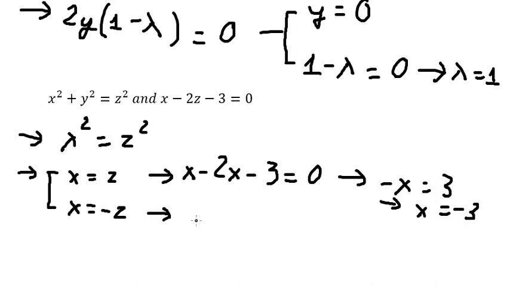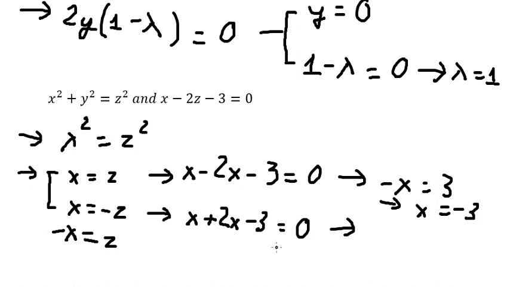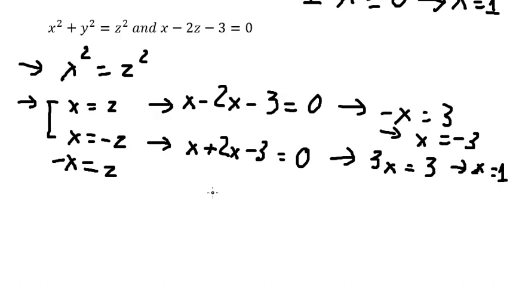Now let's go to this one and we put negatives to the left. So we can change that into negative x. So in this one, we have 3x equals number 3. So x equals number 1. So we just have two solutions in here.